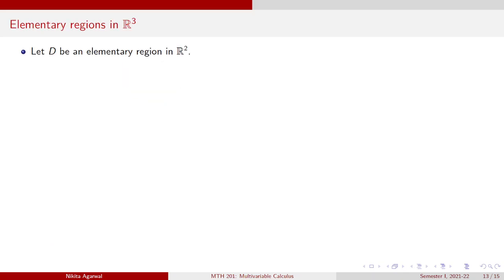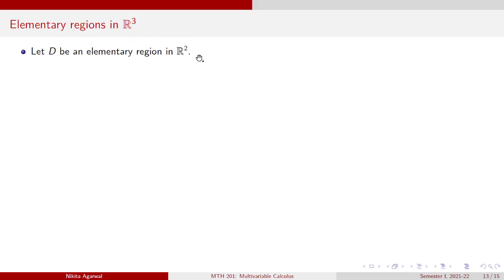Okay. So now let us look at elementary regions in R3 like we did elementary regions in R2. So here there are plenty of options. Let D be an elementary region in R2.